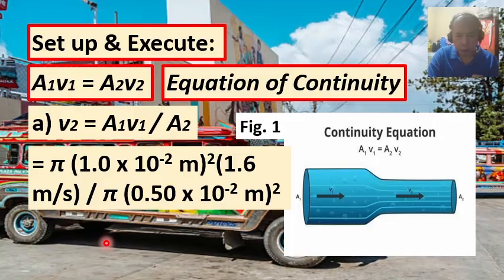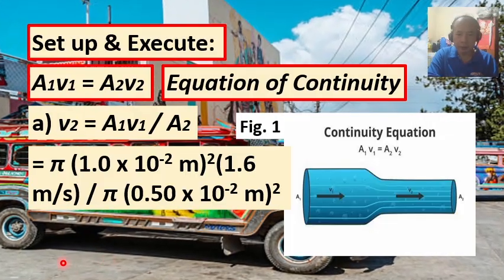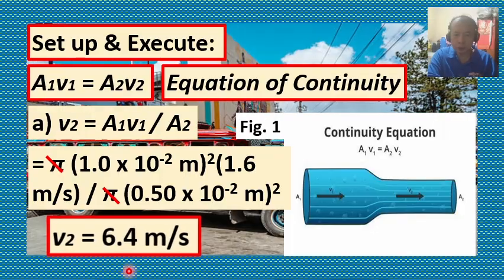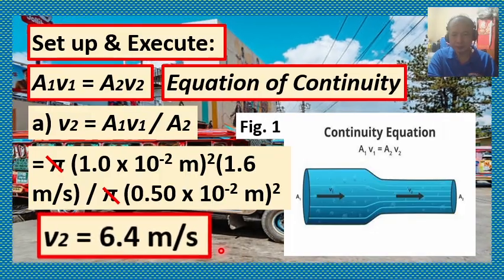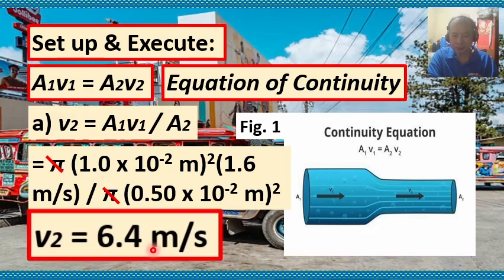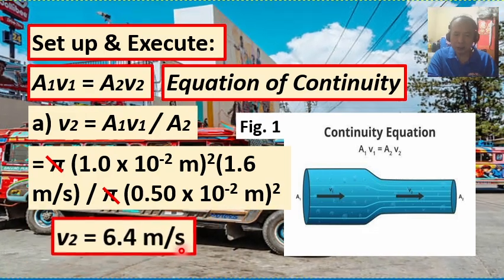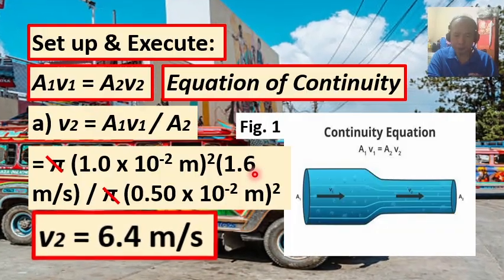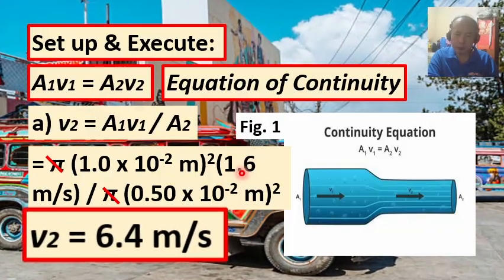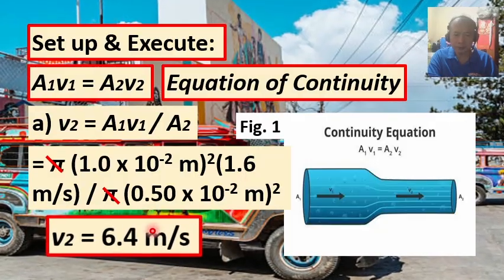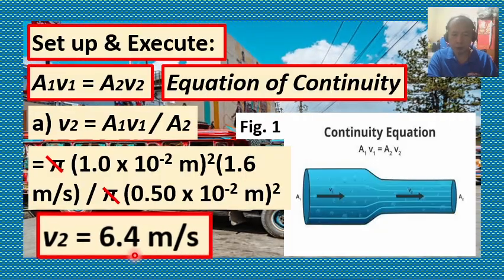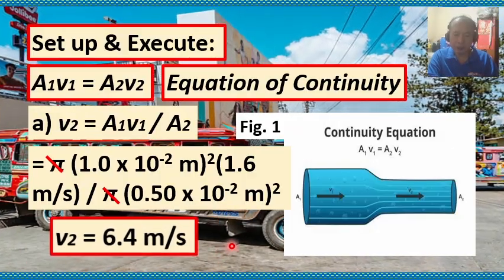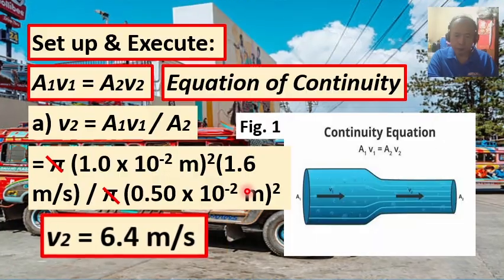When you do that, we get V sub 2 equal to 6.4 meters per second. As we predicted, V2 is indeed 4 times larger compared to V sub 1, because V sub 1 equals 1.6 meters per second, while V sub 2, our target variable, is 6.4 meters per second.